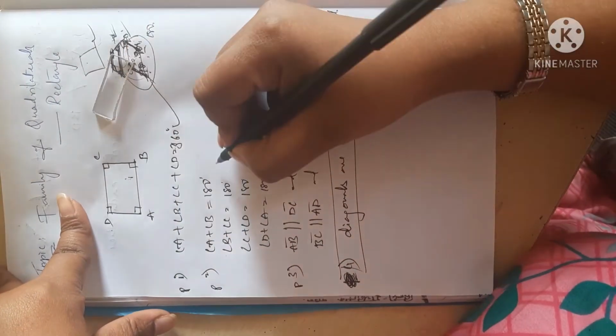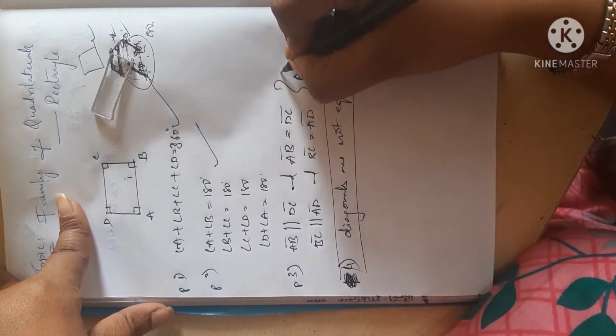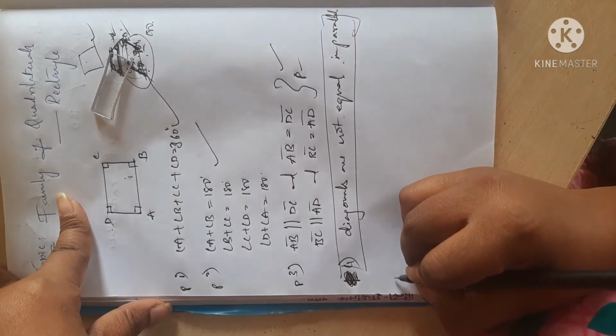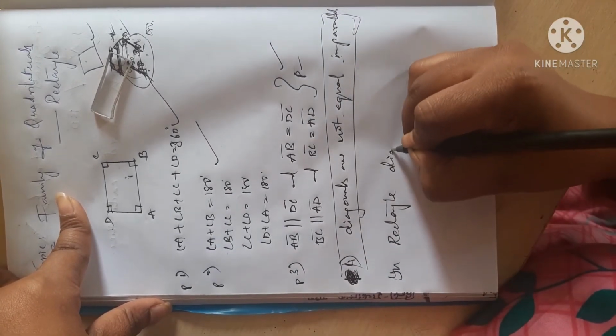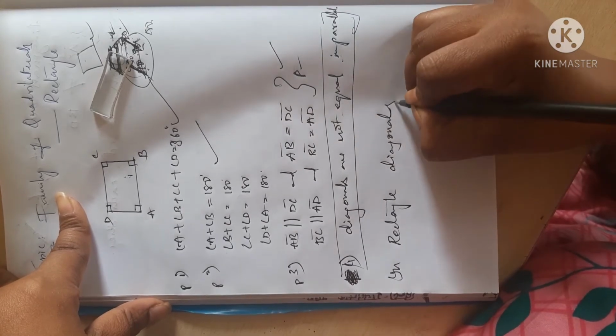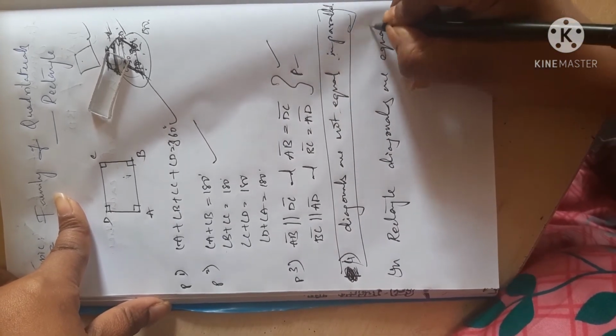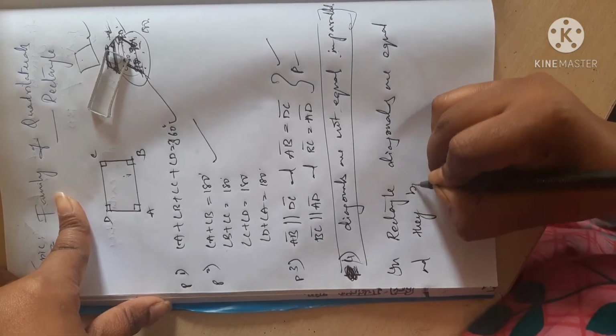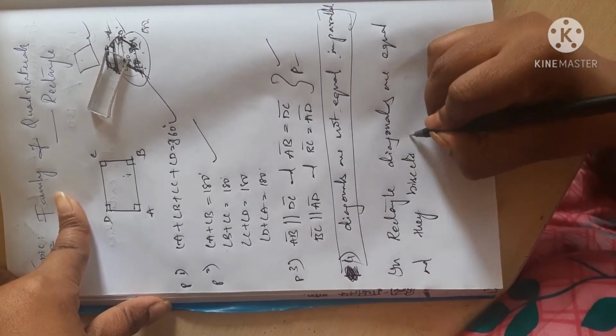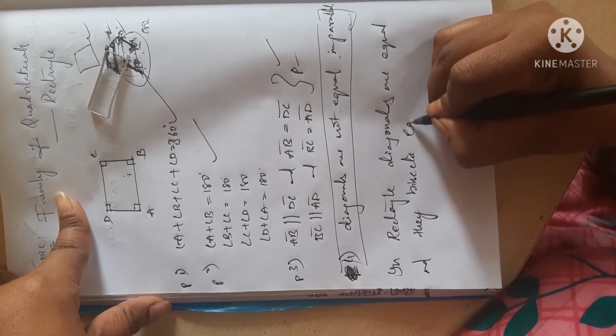So this is the rectangle. This is also followed by a rectangle. In a rectangle, diagonals are equal and they bisect each other.